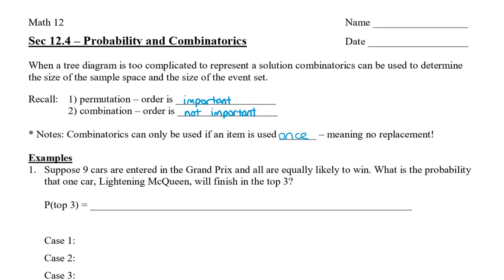So let's take a look at an example. Suppose 9 cars are entered in the Grand Prix and all are equally likely to win. What is the probability that one car, we'll call him Lightning McQueen, will finish in the top 3?